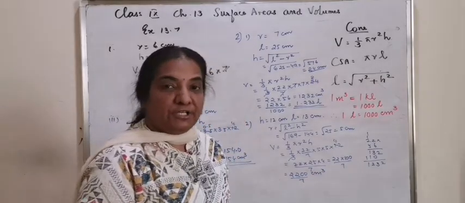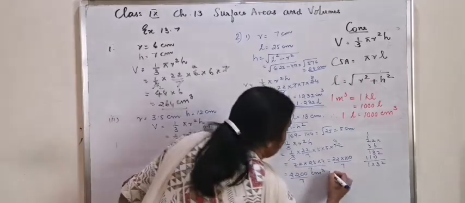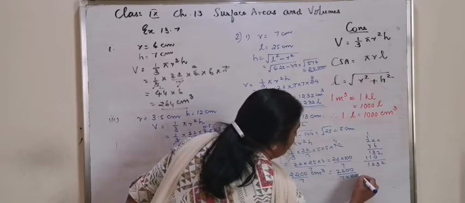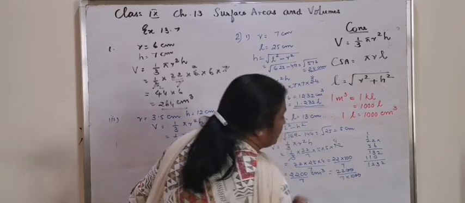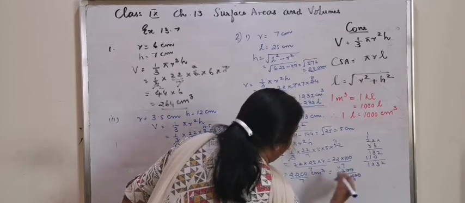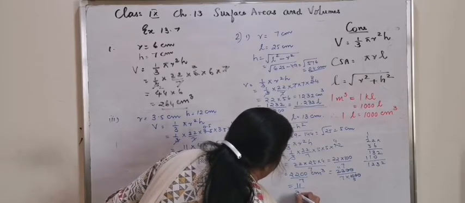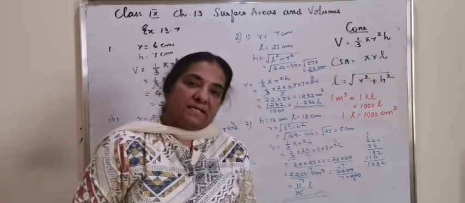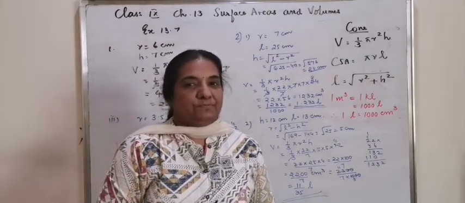We have to convert into liters, which is the same as 2200 by 7 into 1000. These two zeros get cancelled, and then this is 11 and 5, or it is the same as 11 by 35 liters. If you want, you can find the decimal point also.